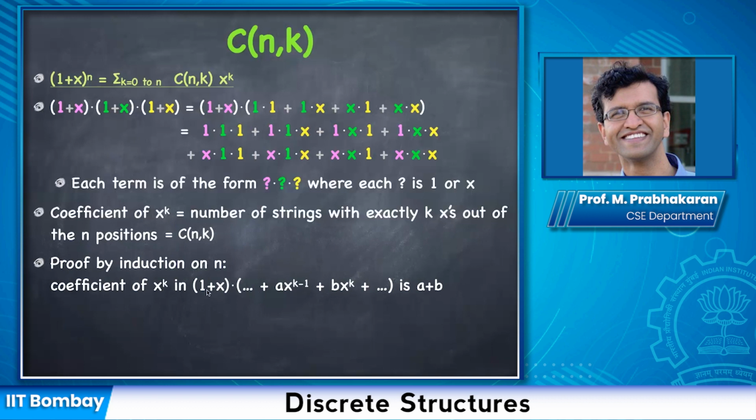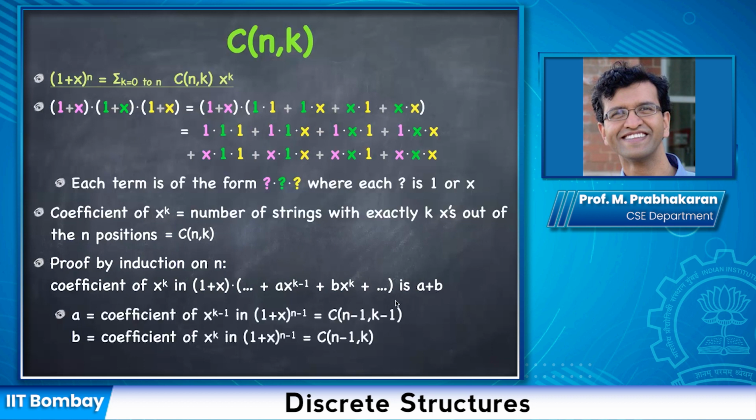What is the coefficient of x to the k? You will get a contribution from b times x to the k times 1, another from x times a times x to the k minus 1. So that's a times x to the k. So there's an a times x to the k and a b times x to the k in this expansion here. So the coefficient is a plus b.